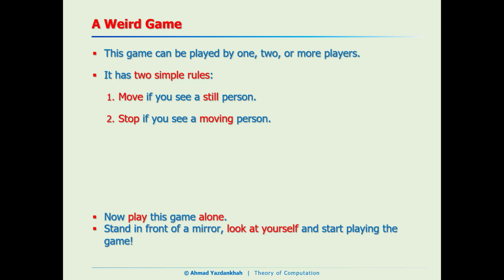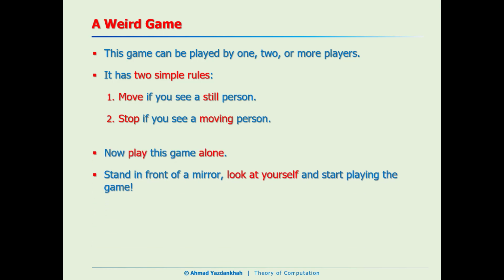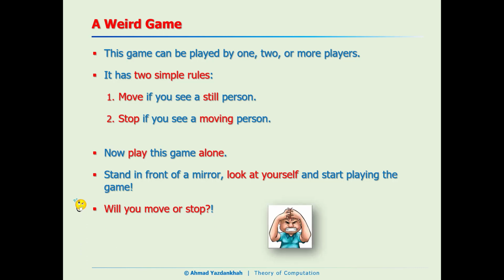Now, we want to play it alone. Stand in front of a mirror, look at yourself, and start playing the game. Will you move or stop? Very weird, right? Because right after you want to move, you need to stop. And when you stop, you need to move.